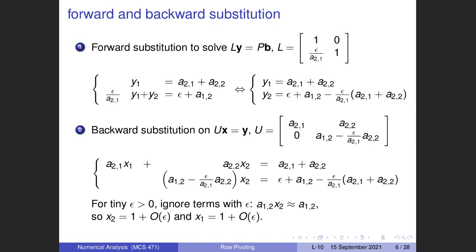That actually turns out to be a very bad way to solve linear systems, but we have a better way. And the main part of this lecture will be to express that better way, that row pivoting way, in a more general fashion. So we will derive a new algorithm.